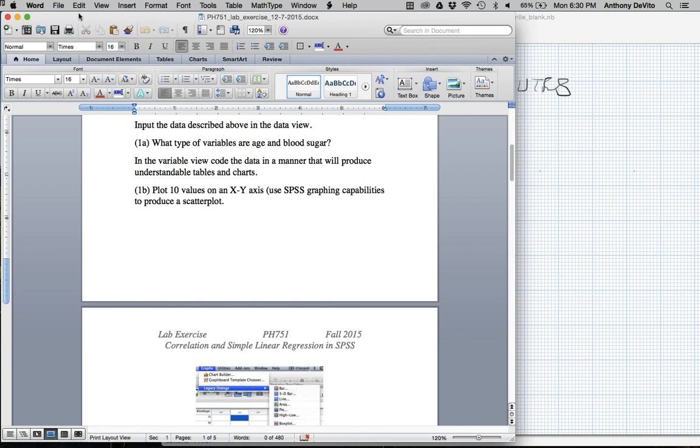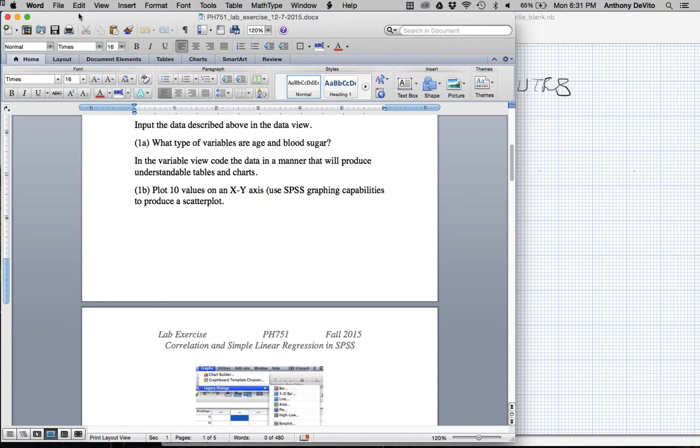Then we looked at a situation where we might be looking at variables that were all categorical variables. For instance, if we wanted to look at the prevalence of diabetes in different ethnic groups, we'd be looking at ethnic group one with regard to yes or no, that person has diabetes.